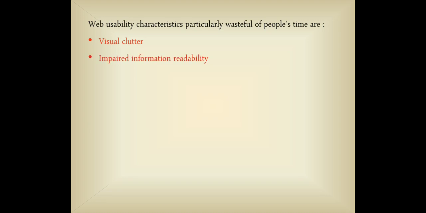The other characteristic that leads to wastage of people's time is incomprehensible components in the screen. Some design elements give the user no clue about the function and purpose of their existence. Some icons and graphics contain no text to explain what they do.